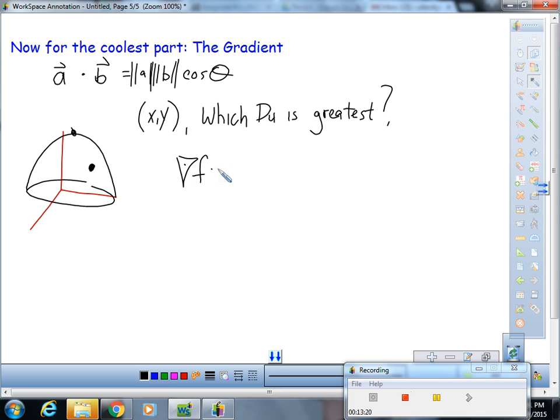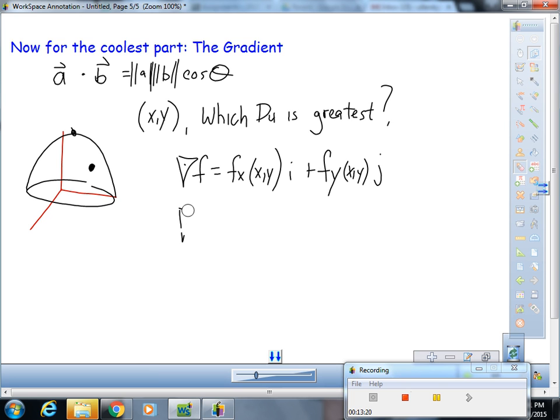So the gradient is f sub x of x comma y i plus f sub y of x comma y j. And they're like, well, that doesn't really do anything for me. Okay? So they were like, okay, let's think about what the gradient would be.